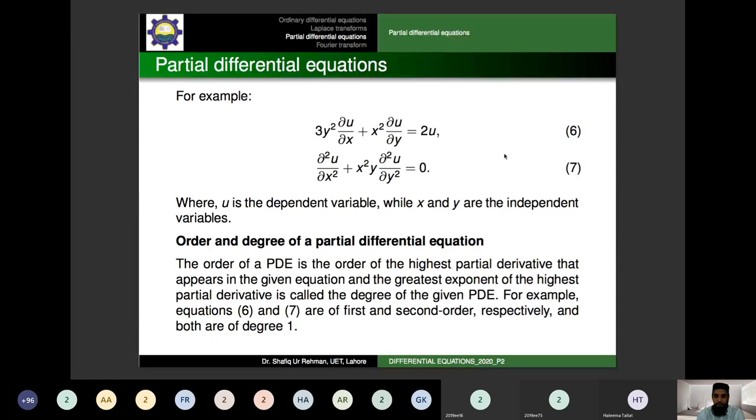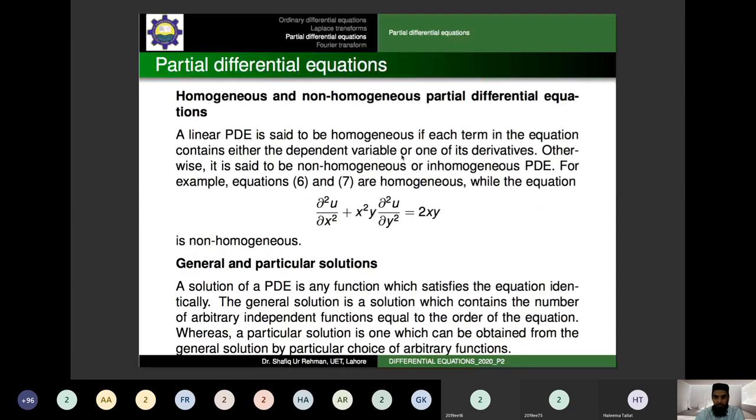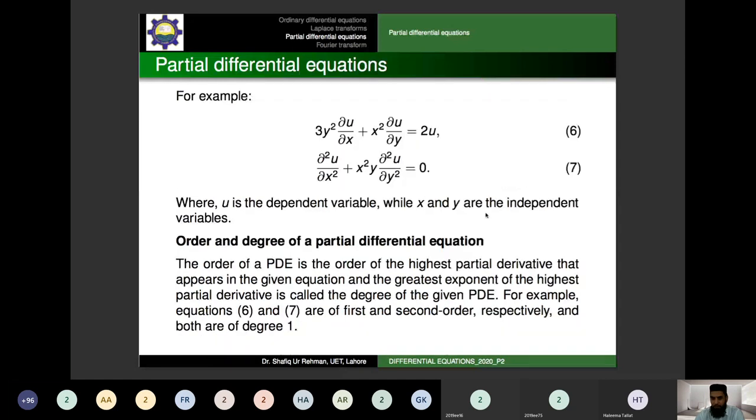On top of that, if each term in the equation contains either the dependent variable or one of its derivatives, we see that for equations number 6 and 7, both criteria are fulfilled. Number 1, they are linear, 6 and 7.